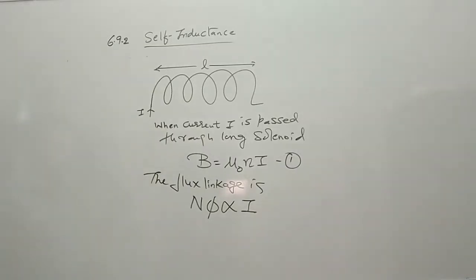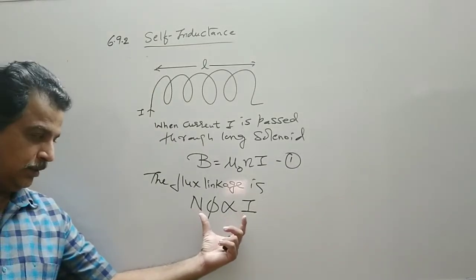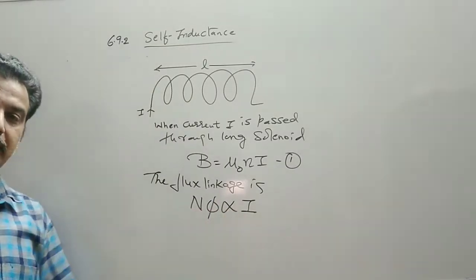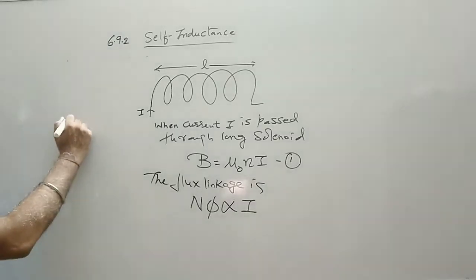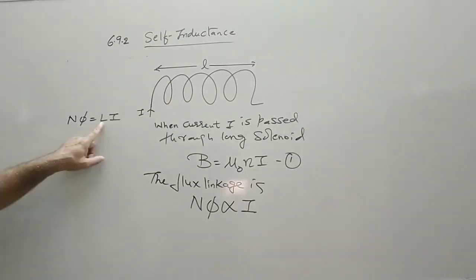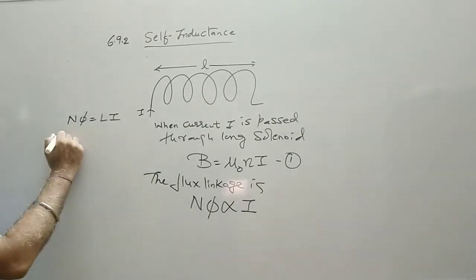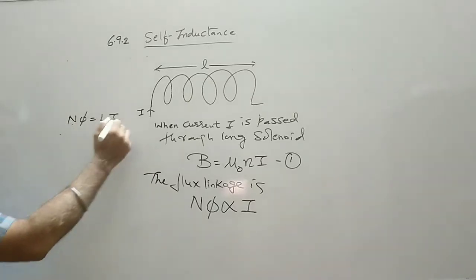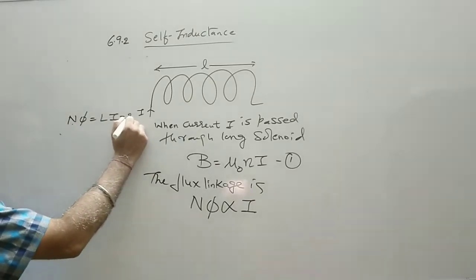This is how we do the self-inductance or mutual inductance. Therefore N phi is equal to L I. We have to derive the formula for L. Let us name this equation number 2.